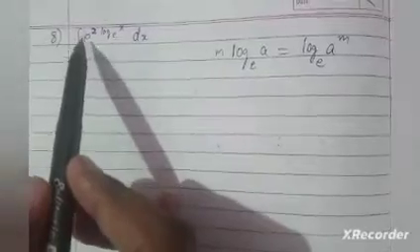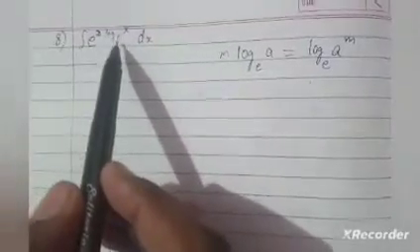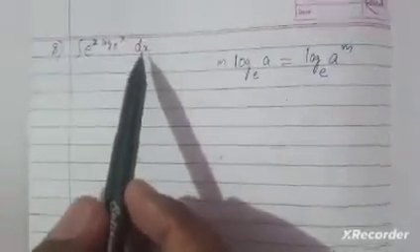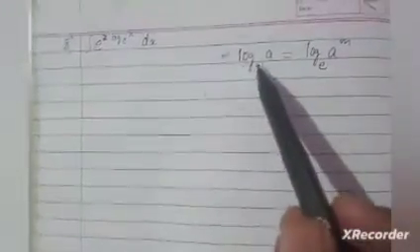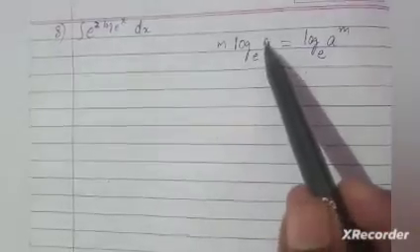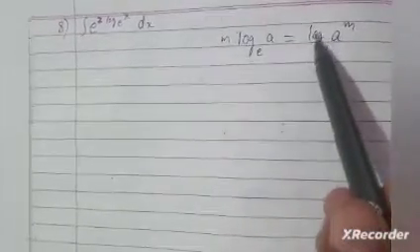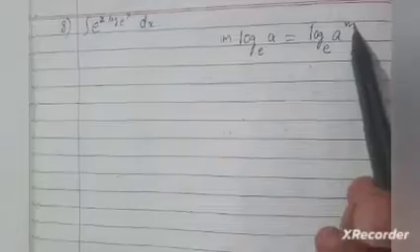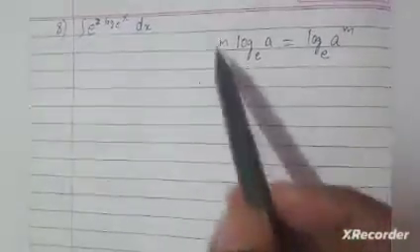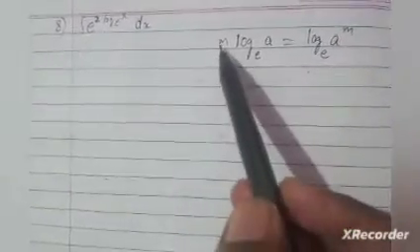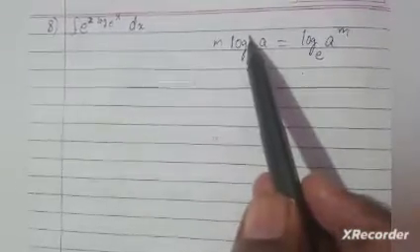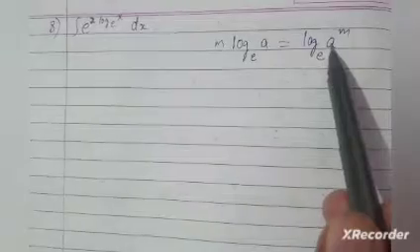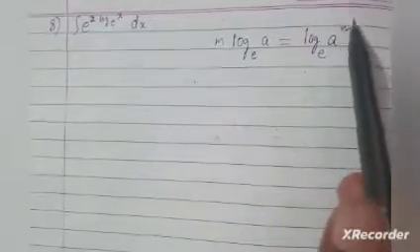Now example number 8, here we have integration e to the power 2 log to the base e x dx. Now for this we are going to use the formula m log to the base e a is equal to log to the base e a to the power m. In this formula we have to observe that m is multiplied to the term log, and we have to write it as log a to the power m.